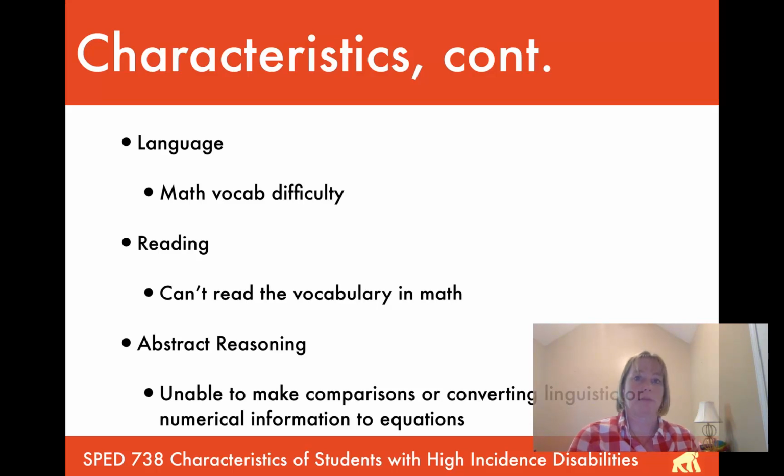Sometimes they are pretty abstract and hard to understand. So one of the most important things that we can do within a specialized or individualized program for our students with math disabilities is focus on language development and improving that math vocabulary. And then reading, that gets back to the vocab a little bit. If they can't read the words that are in math, it's going to make math really hard, right?